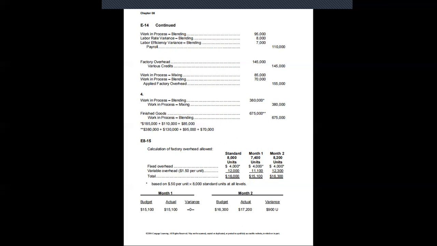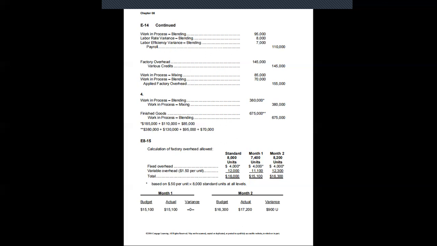Okay, we go now to 8-15, still exercise, calculating factory overhead. The standard capacity of a factory is 8,000 units per month. Cost and production data follow.